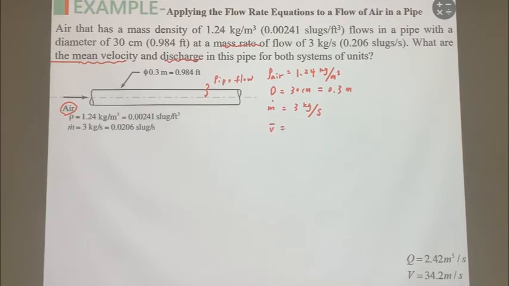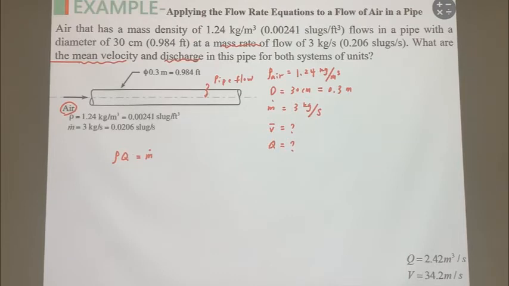So the mean velocity in here we don't know, and we also don't know the Q value. If you remember the formula I told you before, Q multiplied by the fluid density should be equal to the mass flow rate.